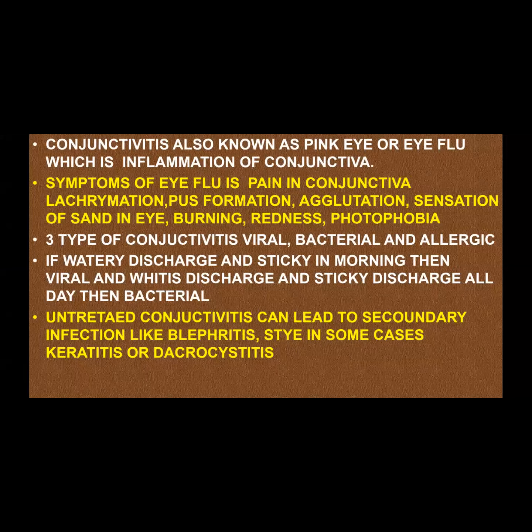Basically, the inflammation of this membrane creates a different color irrespective of white, it may create a pink or red color of the eye. That is why conjunctivitis is also known as pink eye, or the other name of conjunctivitis is eye flu.